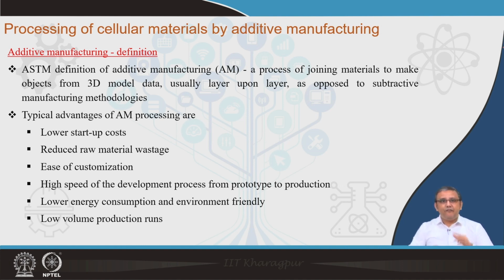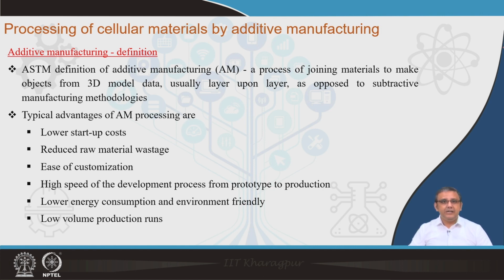That means the final component saves a lot of material, because we do not need to scrap material or cut out things after it has been fabricated. So, in this way AM provides a much lower material consumption.